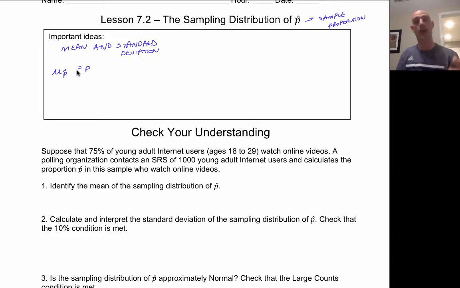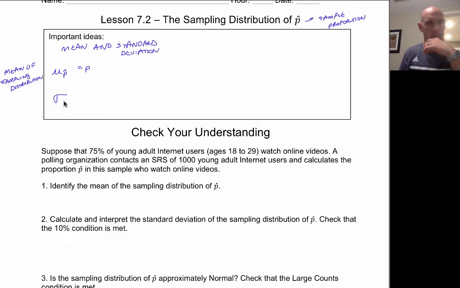But what should happen is if I do find the mean of the sampling distribution, if I do it right, if I have the right number of samples and the right size samples, they should end up equaling one another out in the end.